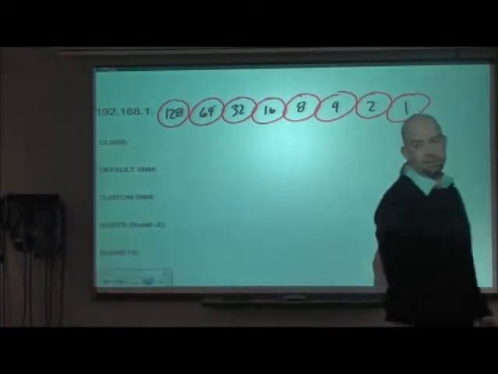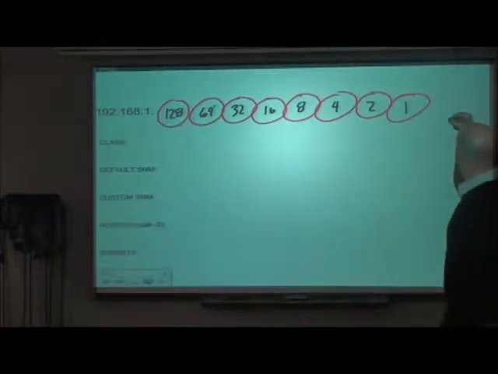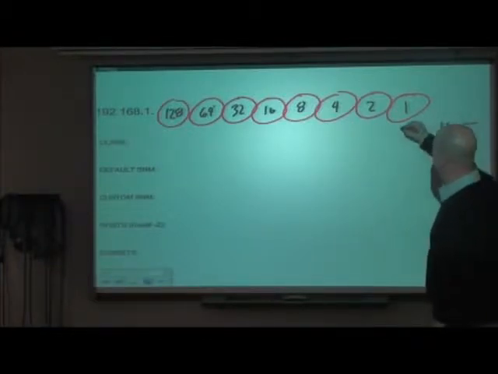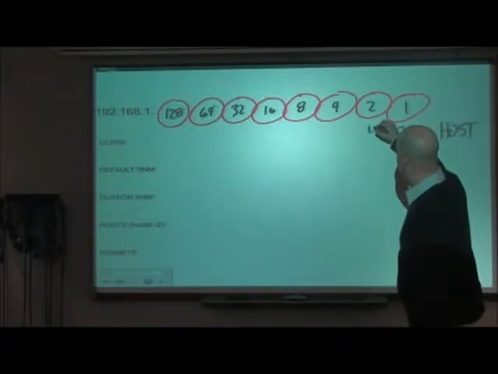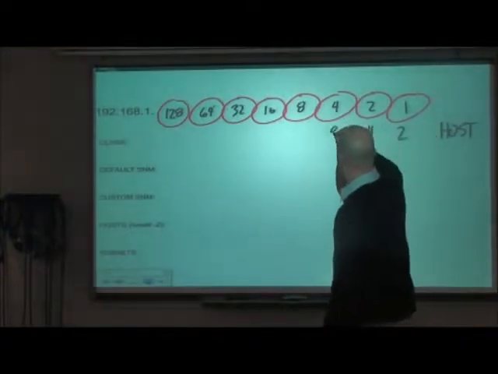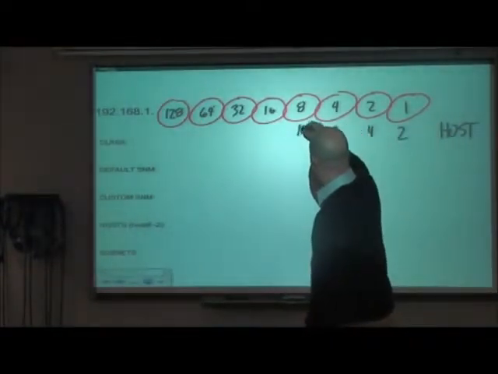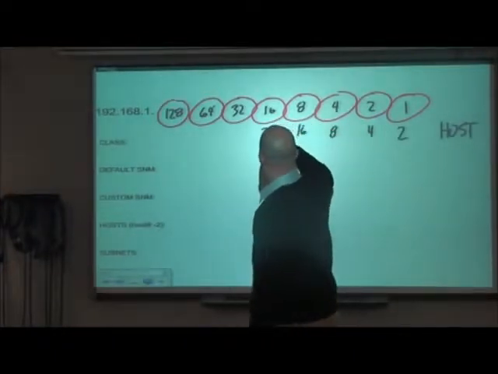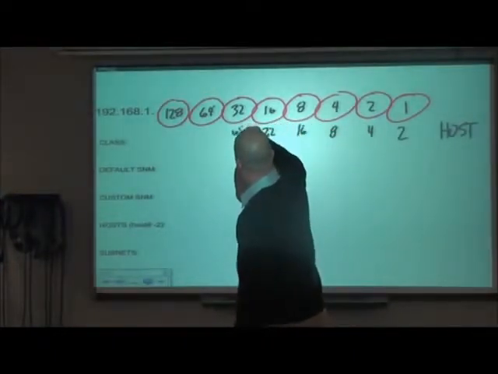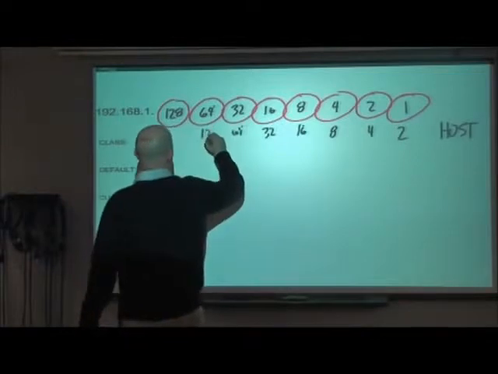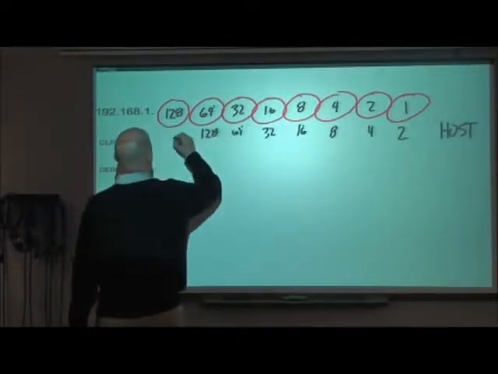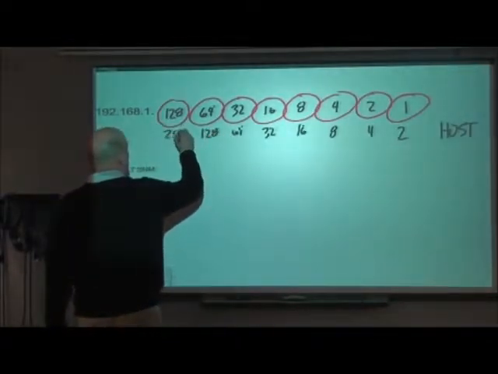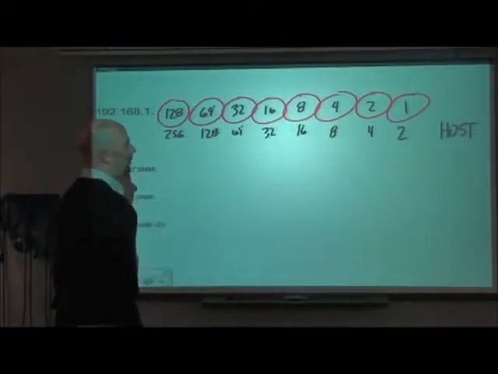After I have my bit values entered, I'll come down below and start with my host, starting with 2, also using the powers of 2. Okay, now I got my hosts up there. I'll put my subnets up above.